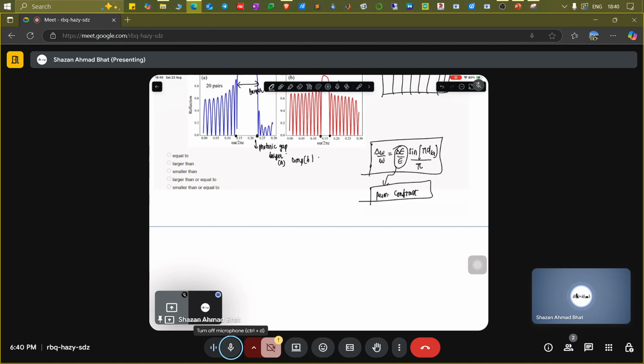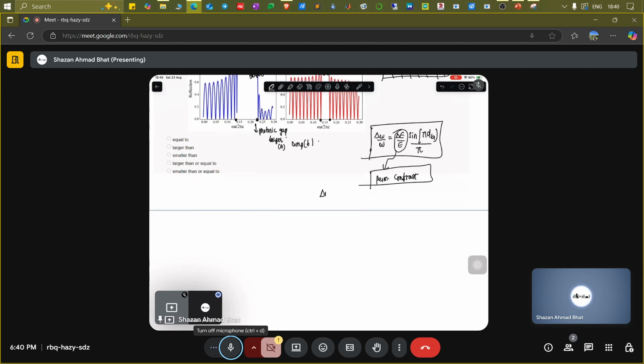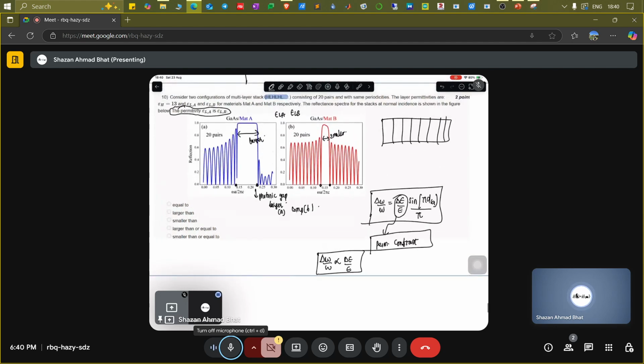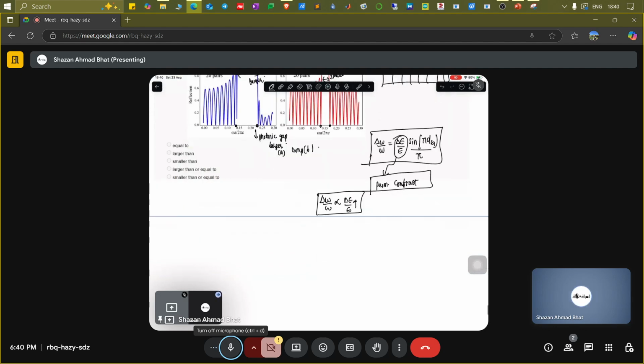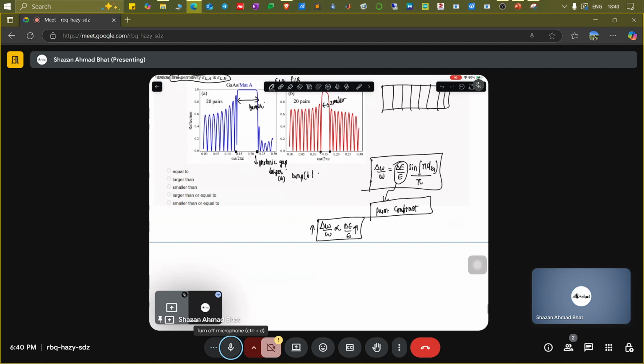So if the permittivity contrast is larger, then the reflectance band is going to be larger, because this band, delta omega by omega, normalized frequency, is directly proportional to delta epsilon by epsilon. So if this permittivity difference is larger, then this band is going to be wider.